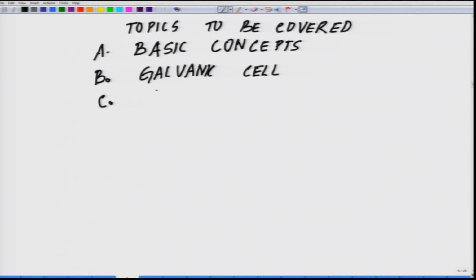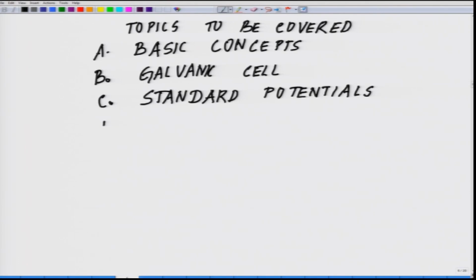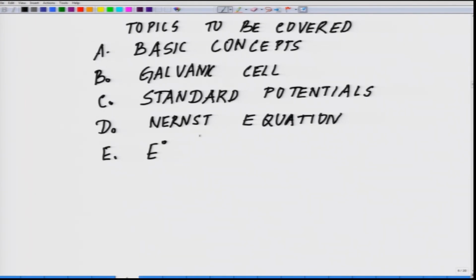Third, we will be dealing with standard potentials. Fourth, this week we will be dealing with the Nernst equation, one of the most celebrated equations. Next, we will be dealing with E0 and the equilibrium constant. We will come later to this E0 concept.